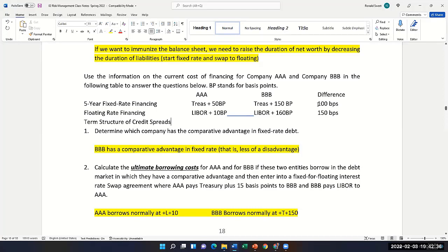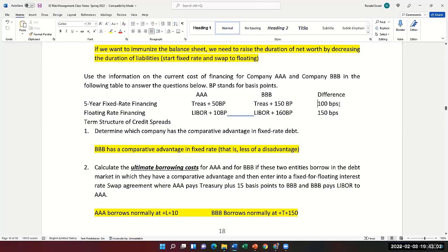So where does AAA have the advantage? AAA has the advantage on floating, but the question is asking who has the comparative advantage on fixed. So BBB has the comparative advantage on fixed. Wherever the number is bigger, that's where AAA has the advantage. Wherever the number is smaller, that's where BBB has the advantage.